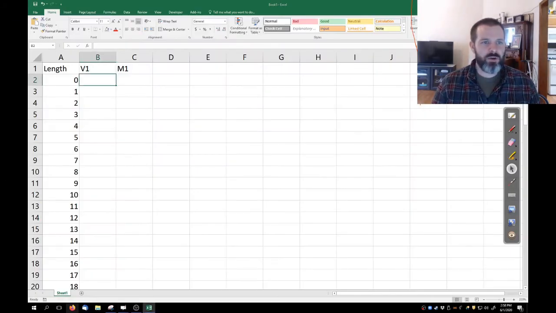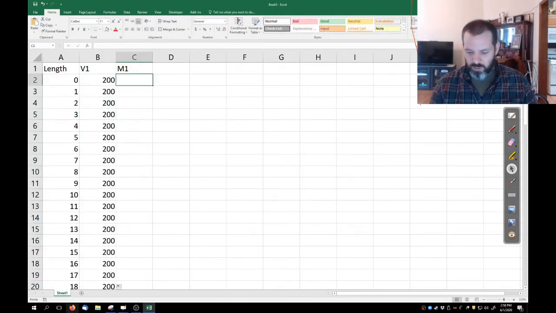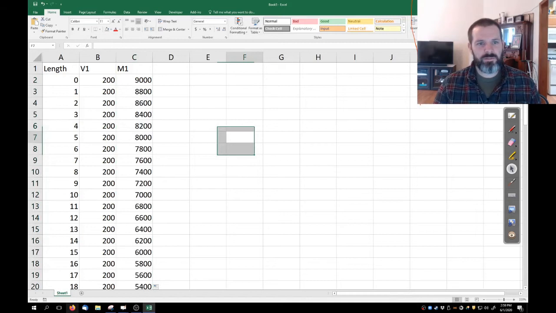So my V equation, I'm just going to say 200 and stick with 200 and copy that all the way down. That's great. My M1 equation is going to equal 9,000 minus 200 times our length L. So I'm going to double click, copy that equation down.